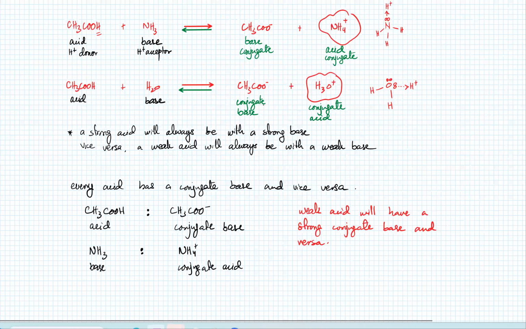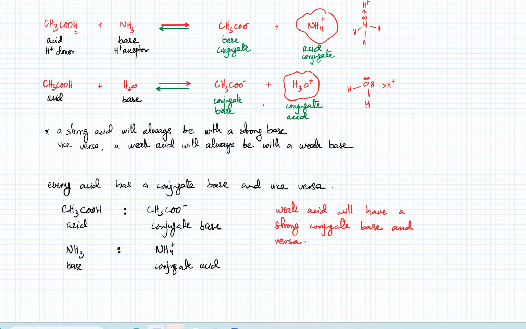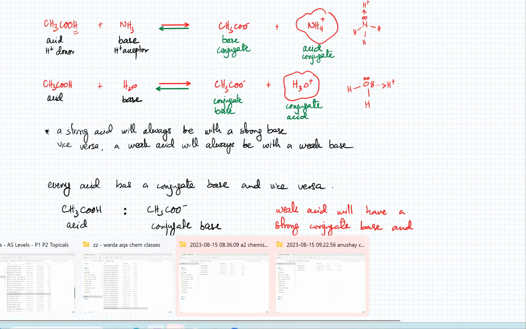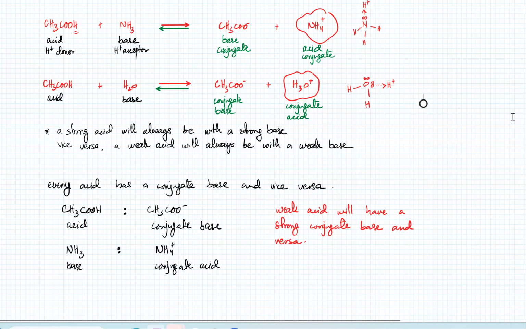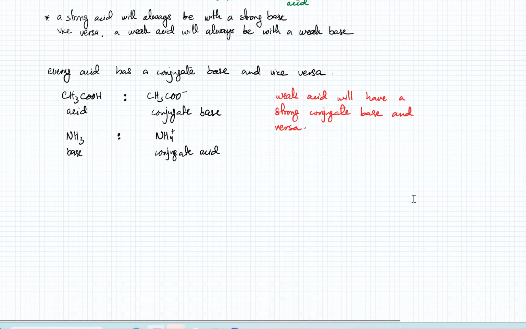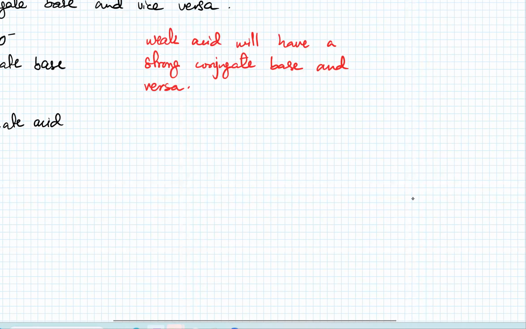What that means is, let's say ethanoic acid is a very weak acid, right? Is that clear? Hello, can you hear me? Yep. So about this concept, let's assume that your ethanoic acid is a very weak acid.